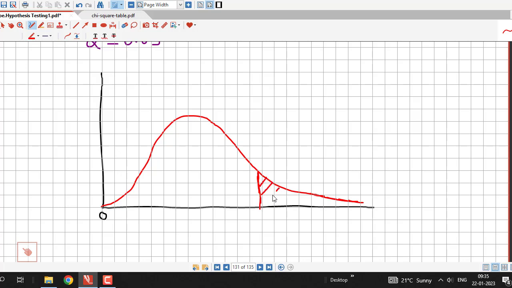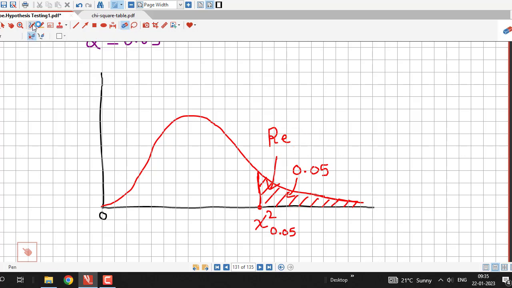So this is upper tail, and level of significance is 0.05. So this area shaded by red lines is 0.05, and therefore this critical value is denoted by chi-square 0.05, and this shaded area is rejection region.